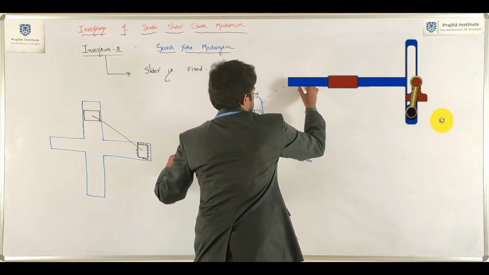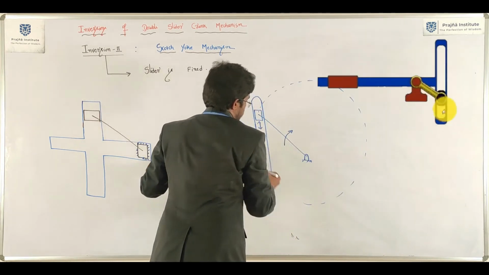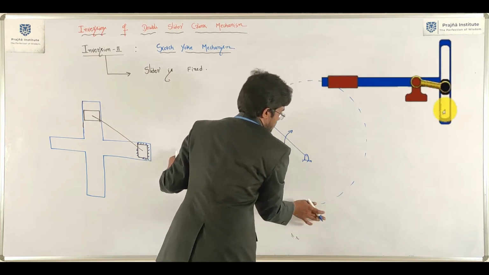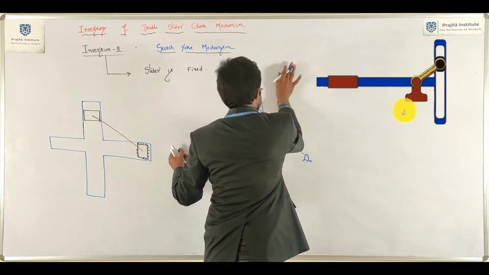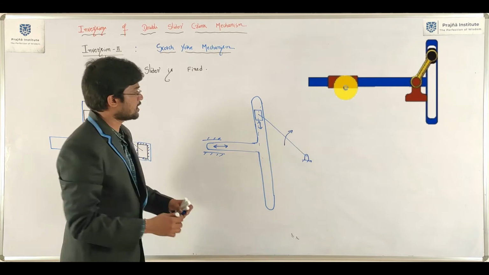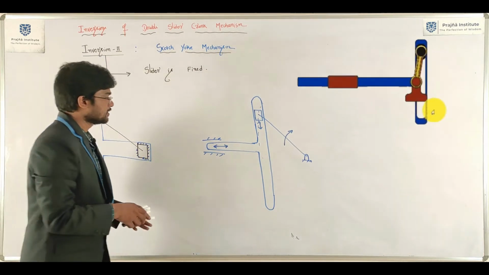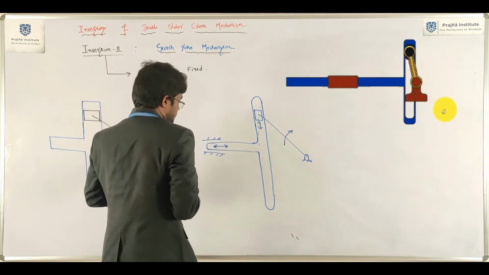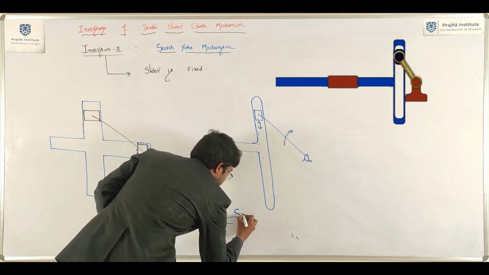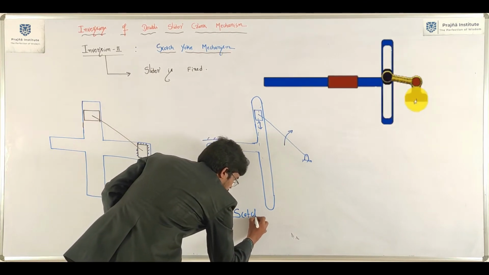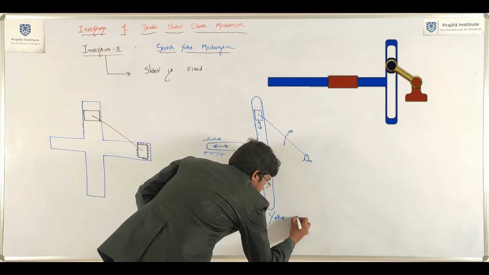Just have a look at the Scotch yoke mechanism. It is used to generate simple harmonic motion.